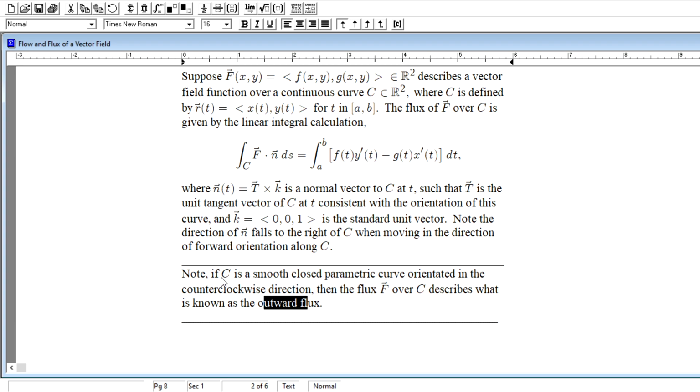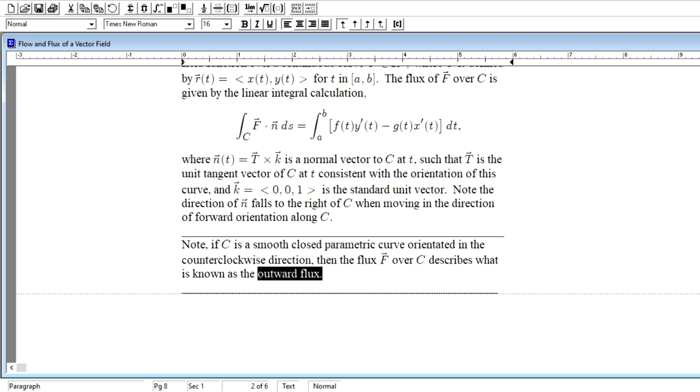If it is a smooth curve C oriented parametrically in the counterclockwise direction, when you calculate flux, what you're calculating is what we could more formally distinguish as the outward flux of that field. It's how much of the field is pointing outward from the curve, how much of that field is moving from inside the curve to outside the curve, in a sense.